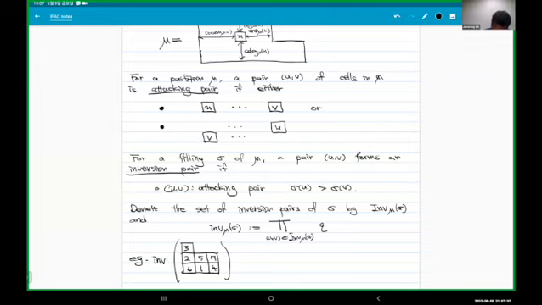And sometimes we will write this filling as a permutation because we already have the partition here, by reading this filling in the reading order, so from left to right, starting from the top row to the bottom row.